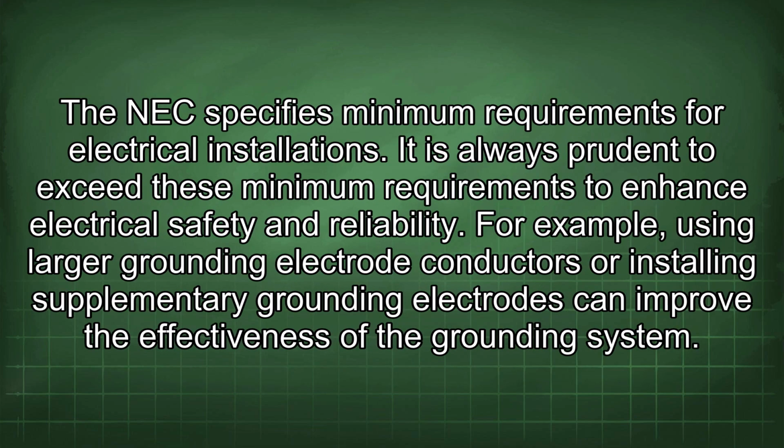The NEC specifies minimum requirements for electrical installations. It is always prudent to exceed these minimum requirements to enhance electrical safety and reliability. For example, using larger grounding electrode conductors or installing supplementary grounding electrodes can improve the effectiveness of the grounding system.